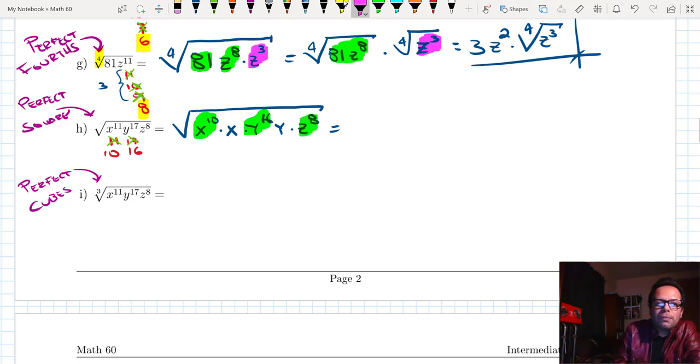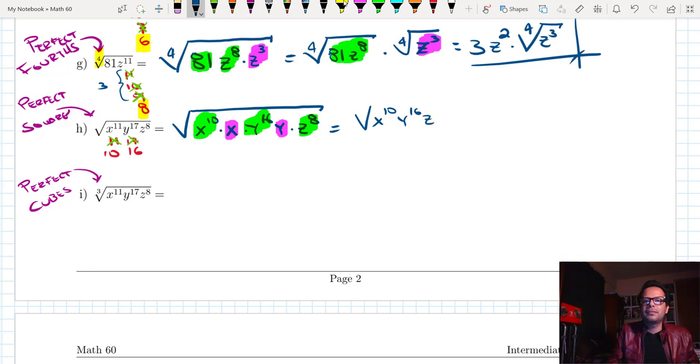On the other hand, we highlight with purple the ones that are not perfect squares. So let's write a couple of radicals, one with the factors that are perfect squares, and another radical with the factors inside of it that are not perfect squares.